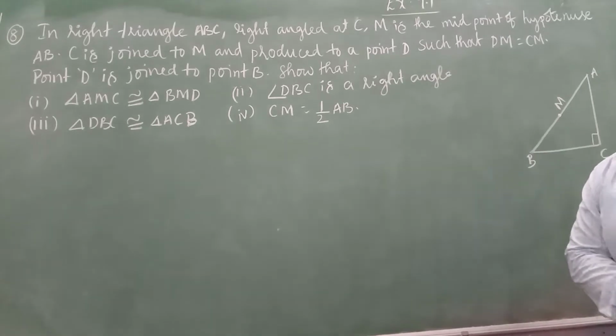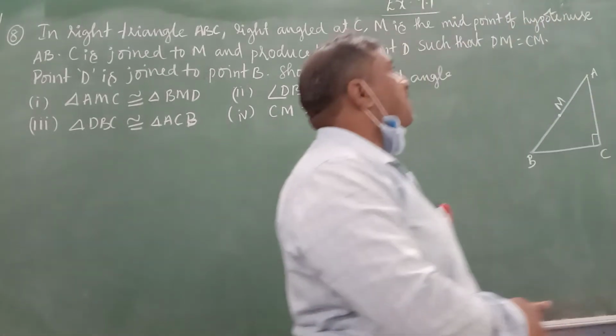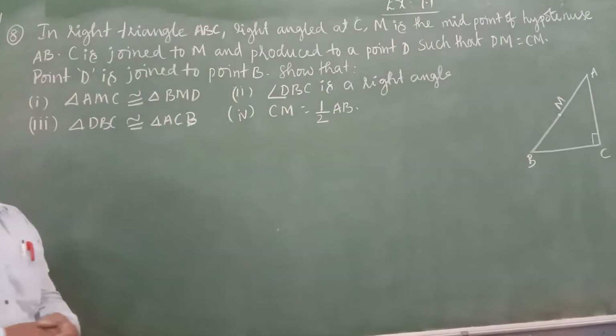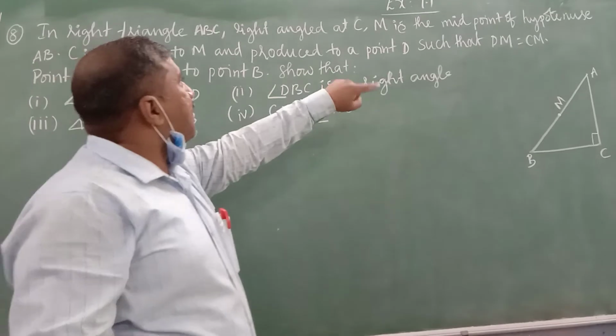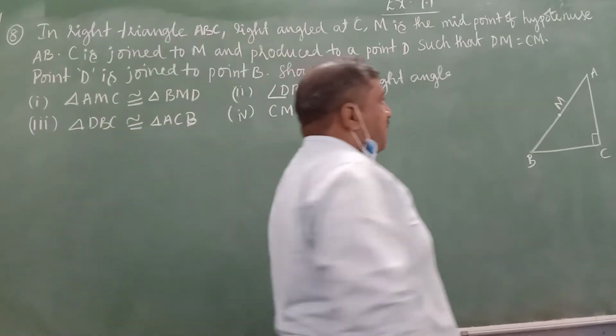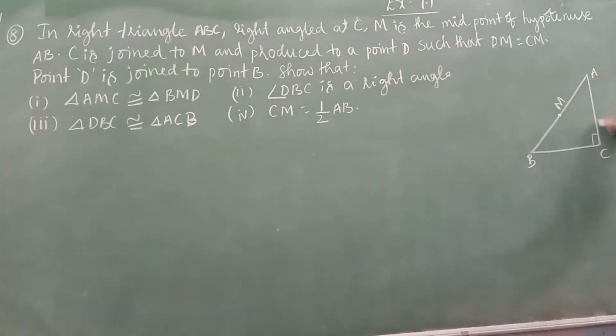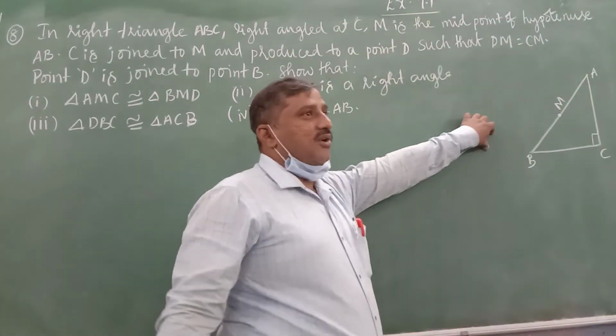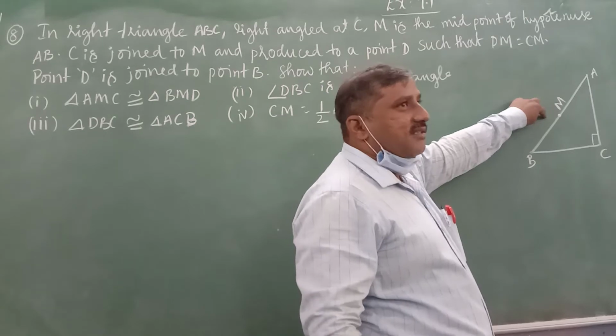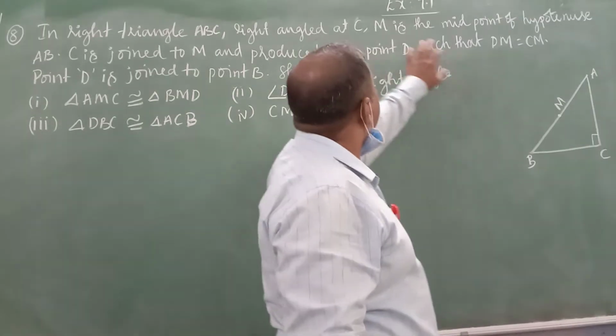Now we will discuss the 8th question from exercise 7.1. In a right angle triangle ABC, right angle at C. So at vertex C we have the right angle, and AB is the hypotenuse in this triangle.